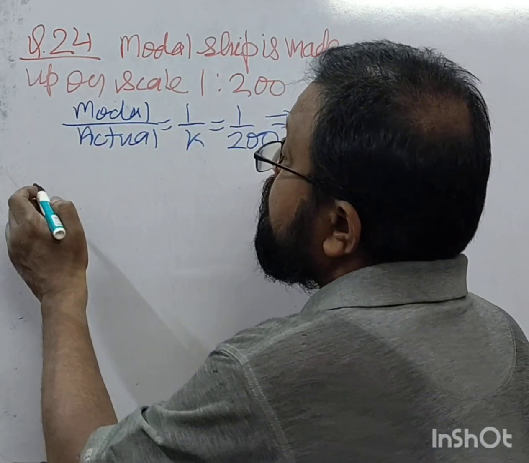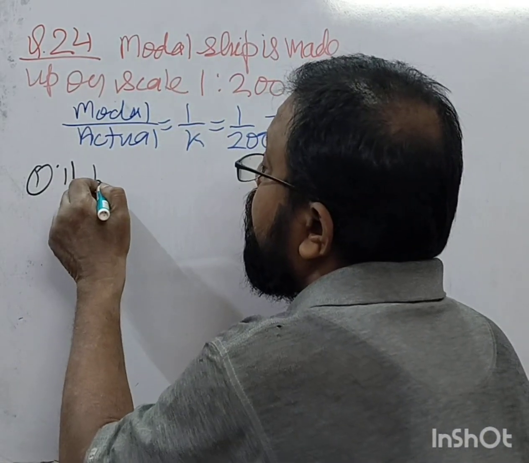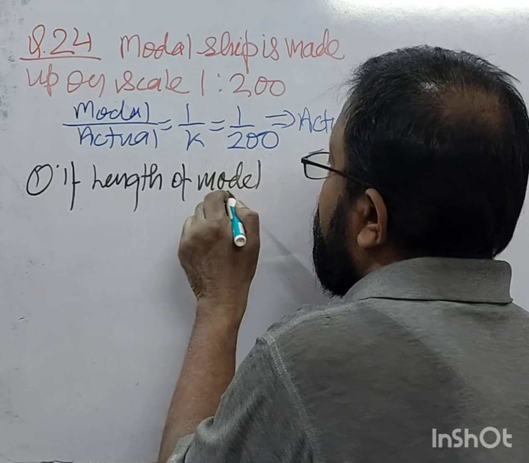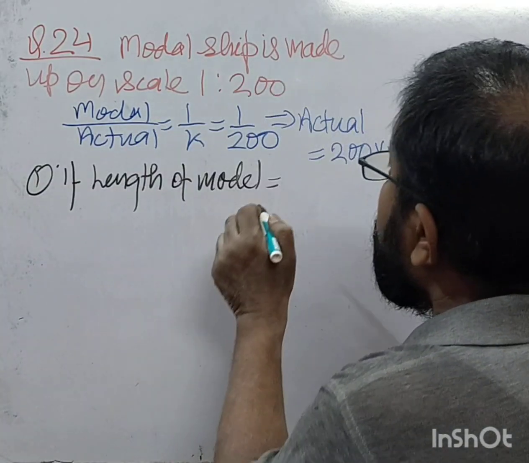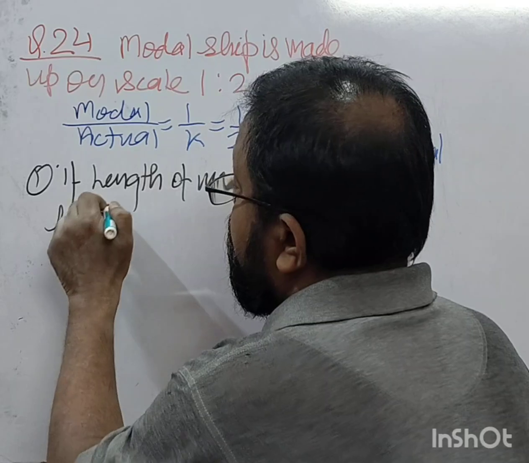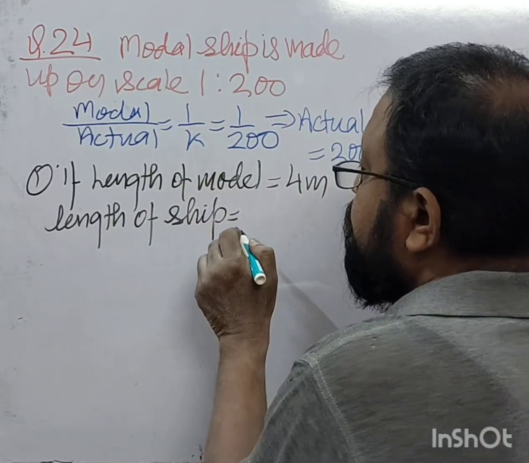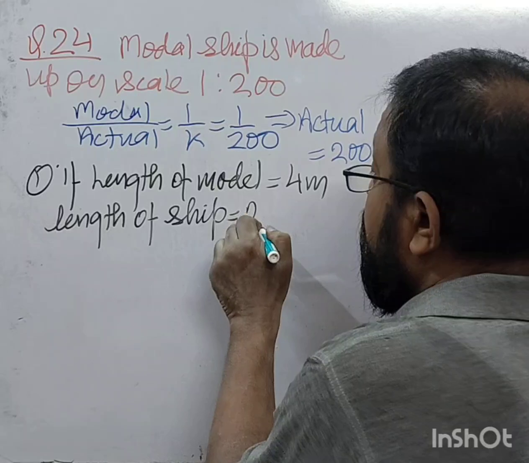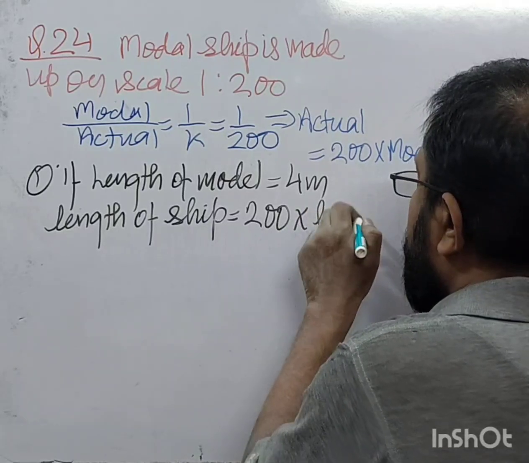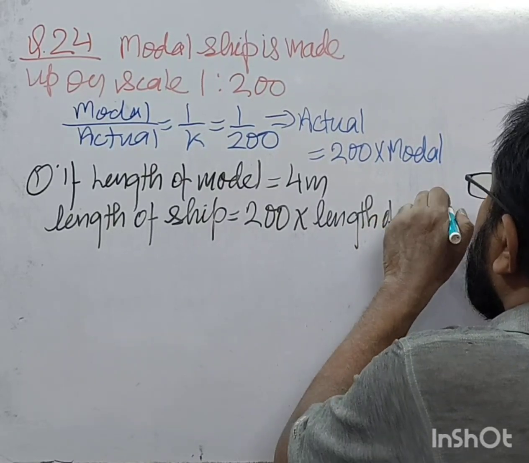If the length of the model is equal to 4 meter, then length of ship is equal to 200 into length of model, right?